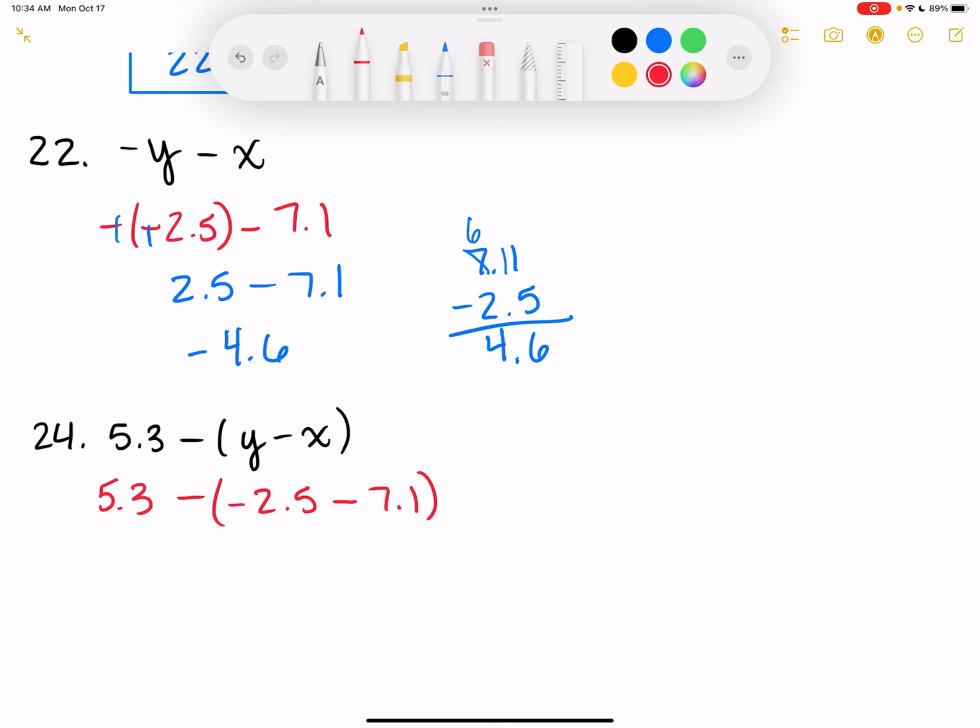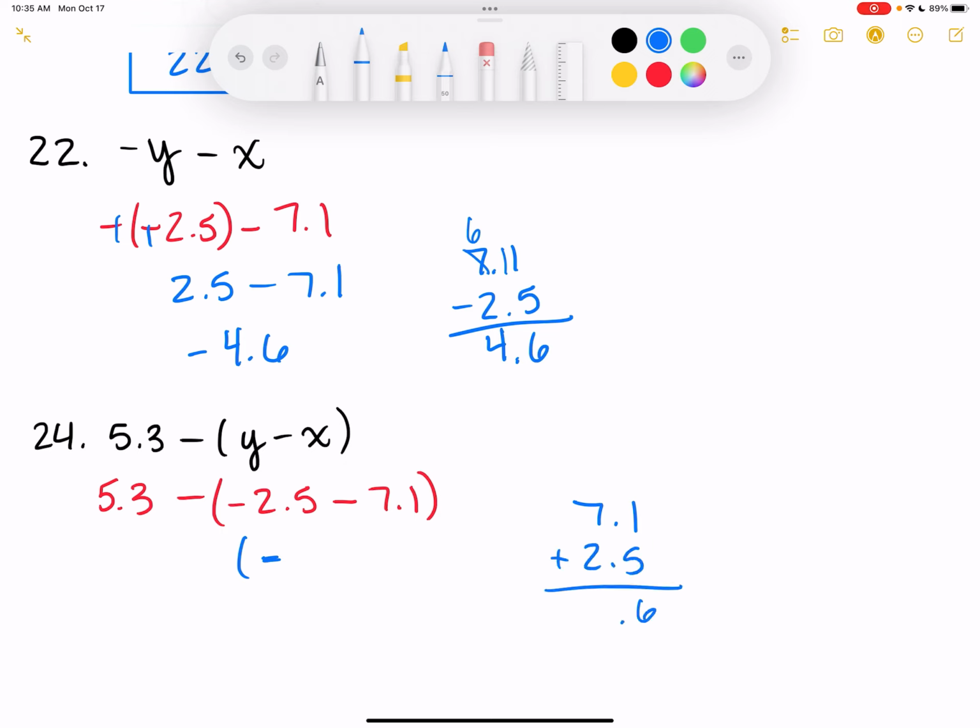So what am I going to do first? Okay, in the parentheses we have the same sign, so how am I going to get my answer? Yep, I'm going to add them, and then what sign's going to be on it? Negative. So I'm going to go ahead and write my negative sign here so that when I solve it, I don't forget it. 7.1 plus 2.5.